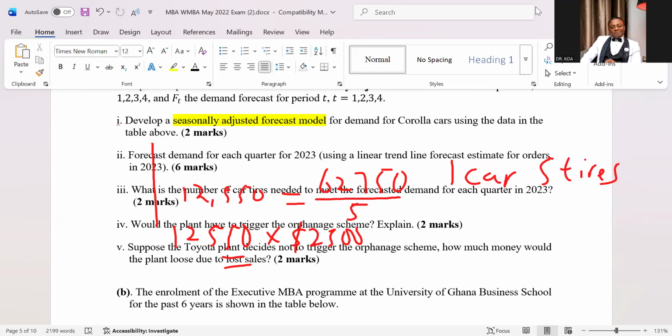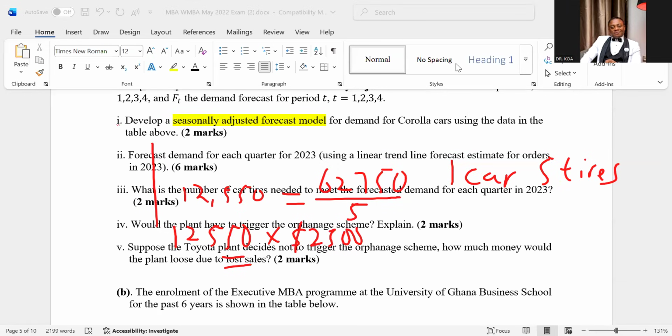Of course, the most important part of this is your ability to calculate the seasonal factors. Don't forget the SI, either in the form of a model or whatever. Then, in order to get this seasonally adjusted forecast, you've got to use a linear trend line. The linear trend line requires that you have an X and a Y. The X is always the time. The Y is usually the demand or the production or the sales.